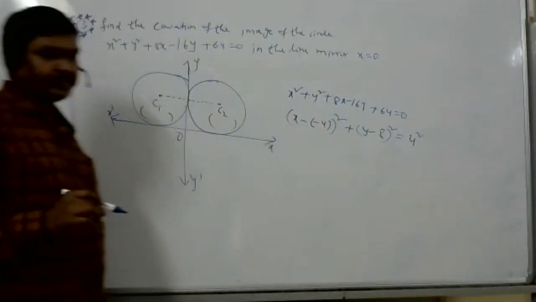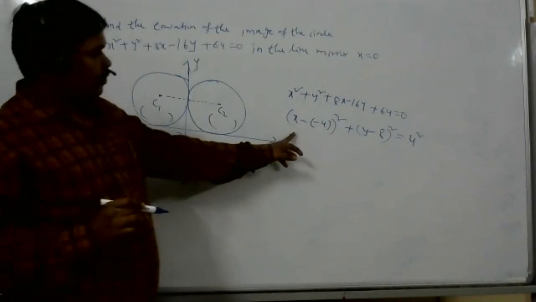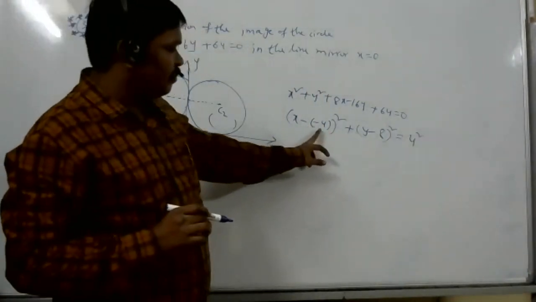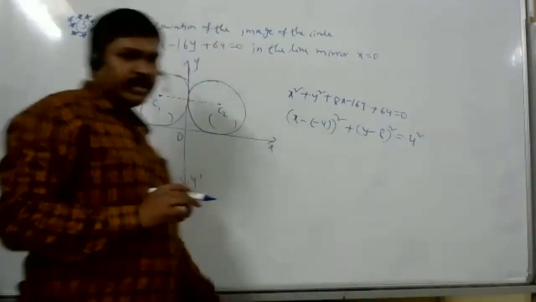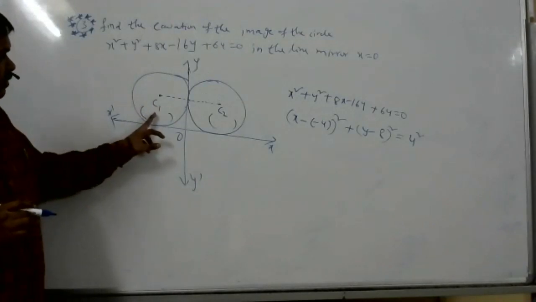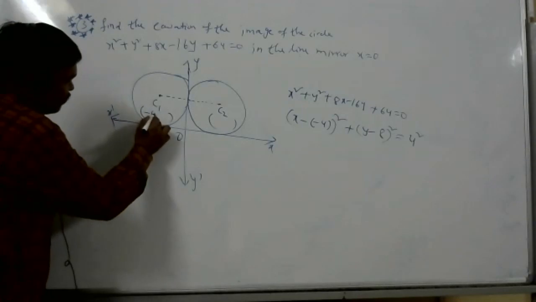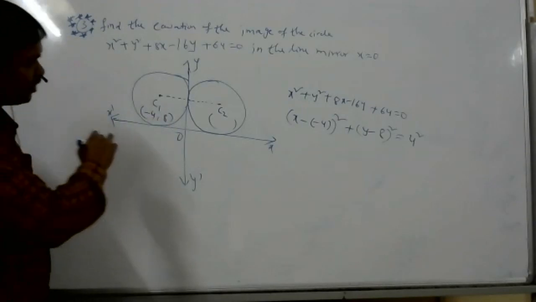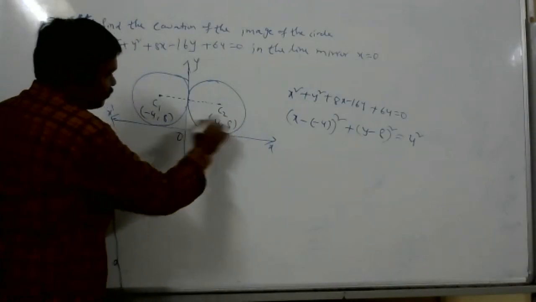Correct? Nagabhushan? (x plus 4) whole square plus (y minus 8) whole square is equal to 4 square, right? Yes, sir. Correct. C1 is the point minus 4 comma 8, right? Minus 4 comma 8, and C2 is the point 4 comma 8. Sir.